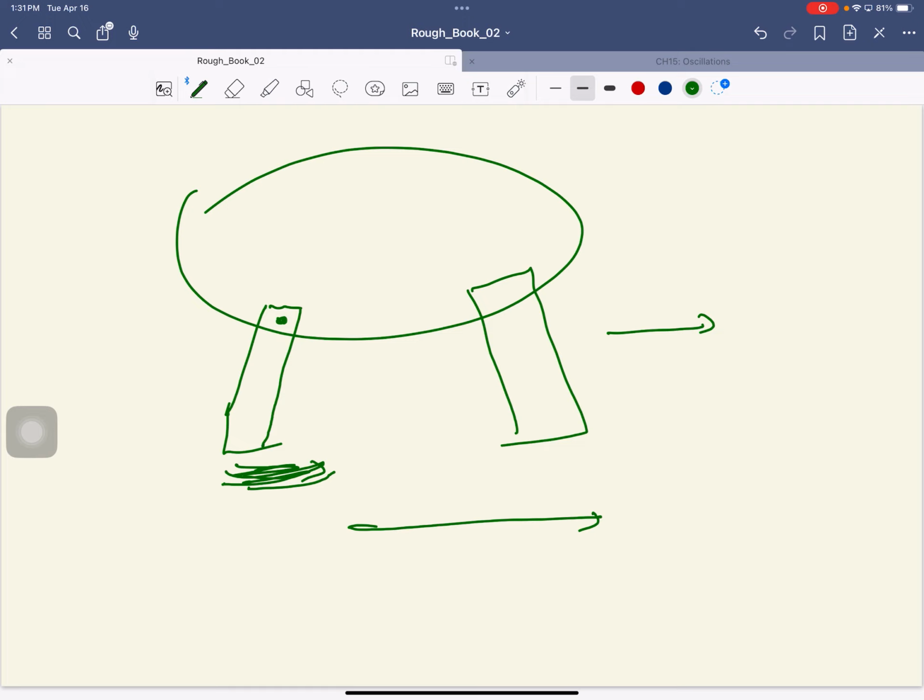When there's two pivots, like the knee and the hip. Right, but when you're walking, you don't pivot around your knee.